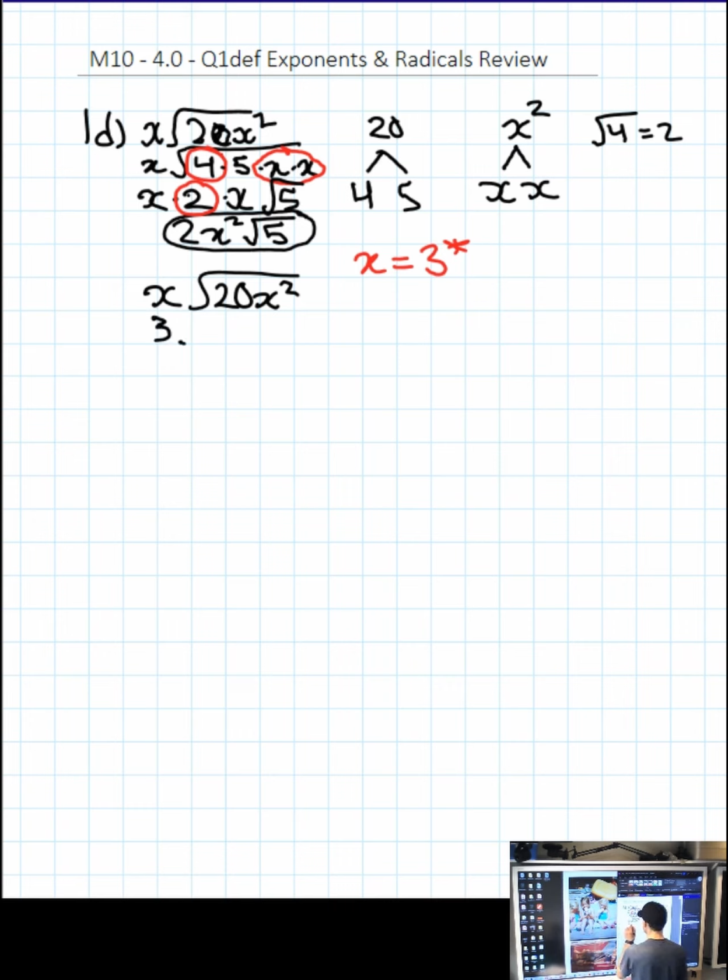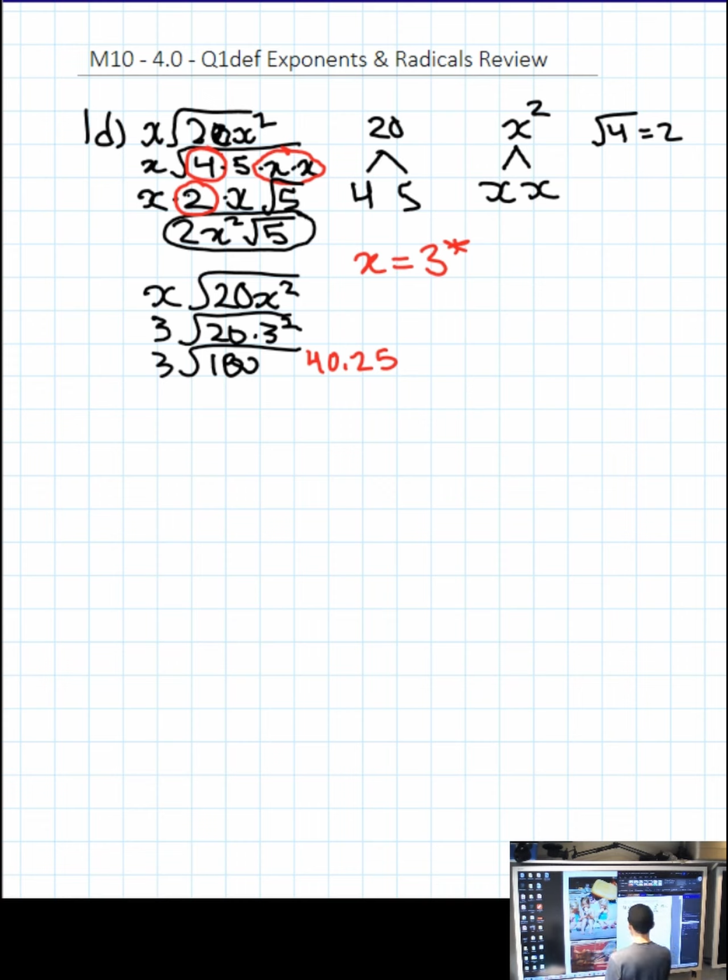So we get 3 times the root of 20 times 3 squared, so 3 times the root of 20 times 9, or 180. If I calculate 3 square root 180, I'm going to get 40.25.